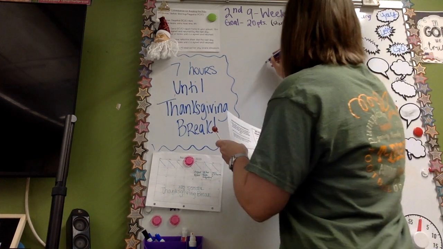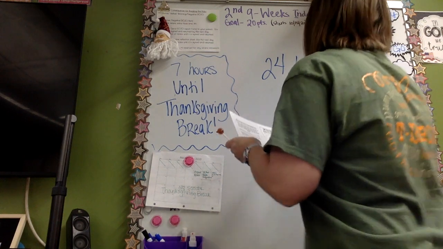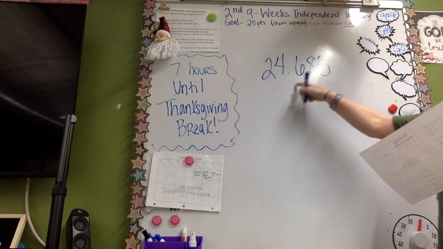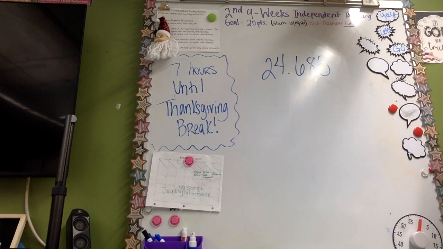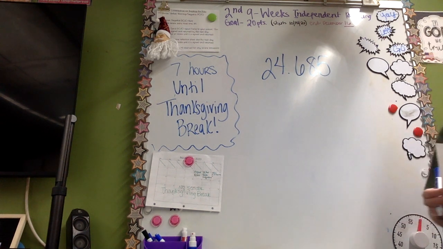So it gives you that number. Okay, so there's our decimal. How would I read that? Alyssa, how would I read that? 24 and 685 thousandths. That's right.